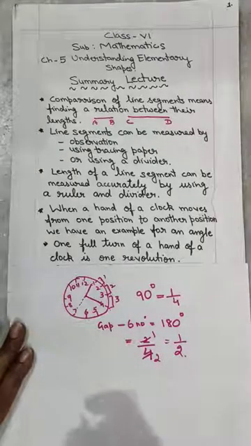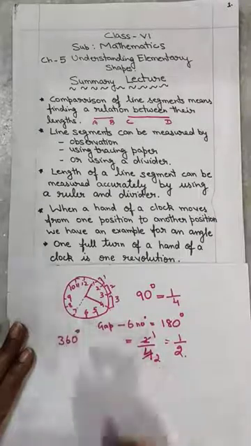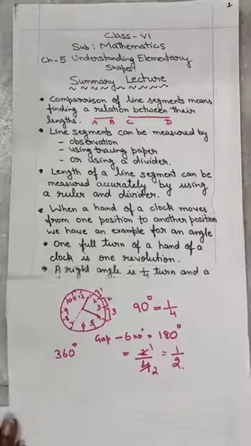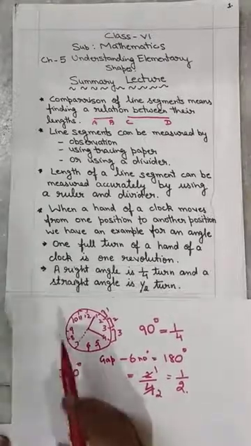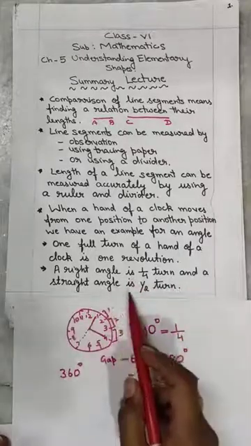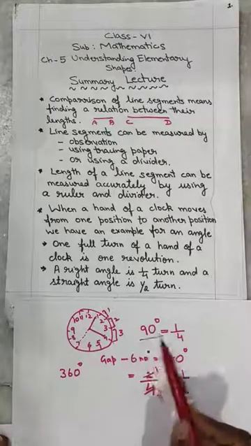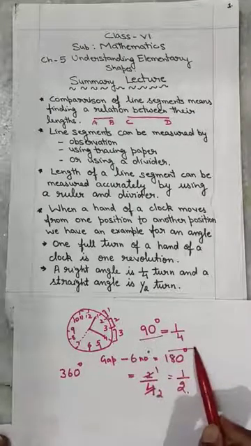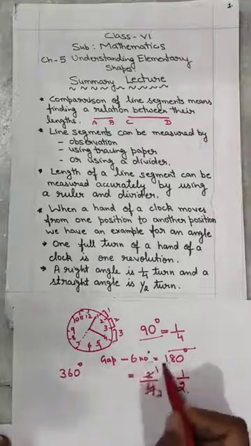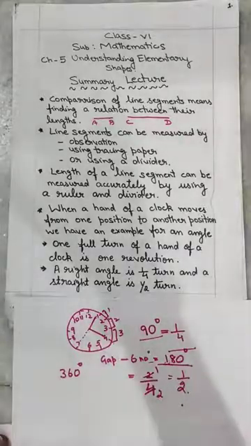It means it is completing the angle of 360 degrees, because a complete revolution is 360 degrees. A right angle is 1/4 turn and a straight angle is half turn. Just now I have told you, if it is a right angle, then it means 1/4 turn, and if it is a straight angle of 180 degrees, then it means it is 1/2.